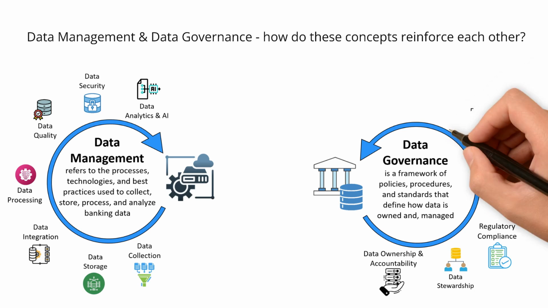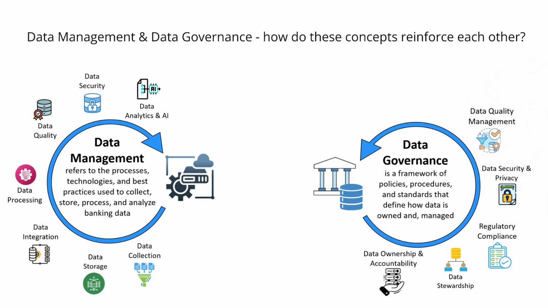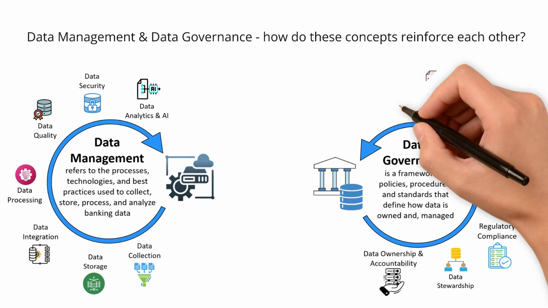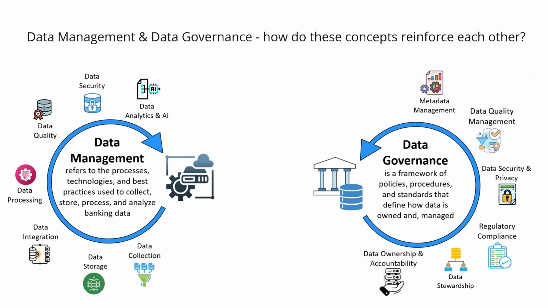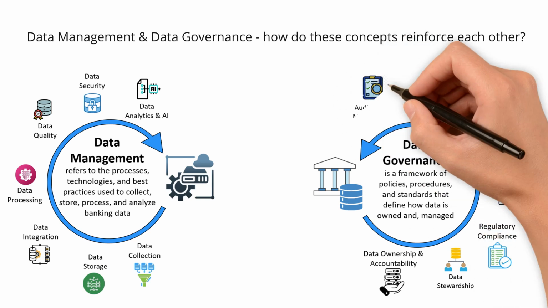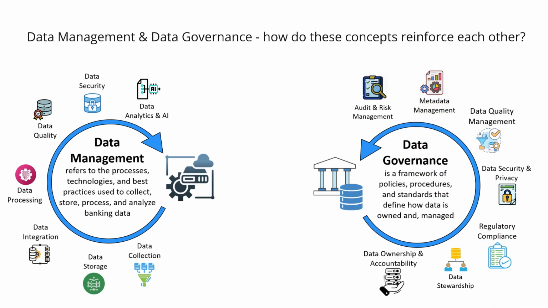Furthermore, data quality management: it enforces policies to validate, cleanse, and standardize banking data. And metadata management in general documents the structure, definitions, and lineage of data assets, following established integration and processing. And last but not least, audit and risk management enables tracking of data usage for internal audits and regulatory reporting.